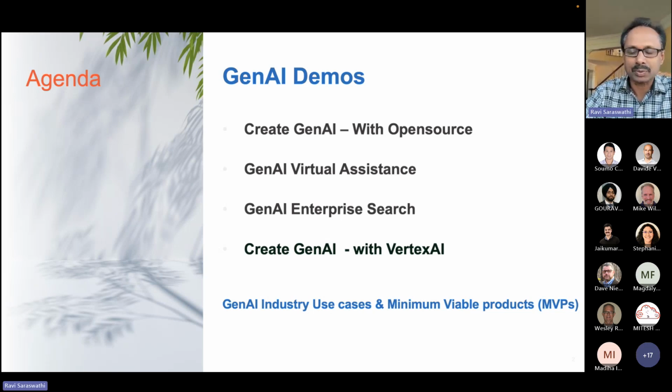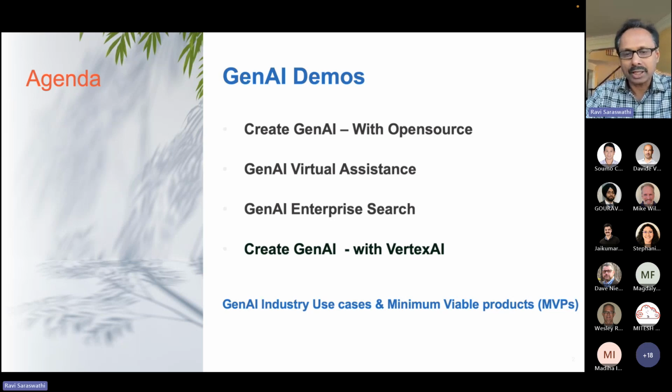So I will walk you through a couple of demos for how we can utilize open source to create GenAI business applications, especially a couple of things like TensorFlow, PyTorch, and OpenLLM. Those are some of the open source software that we can cover today.